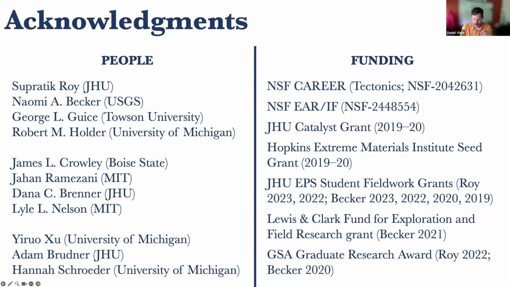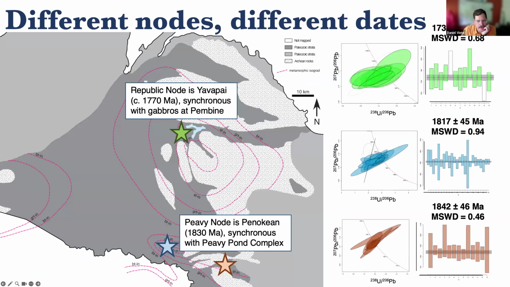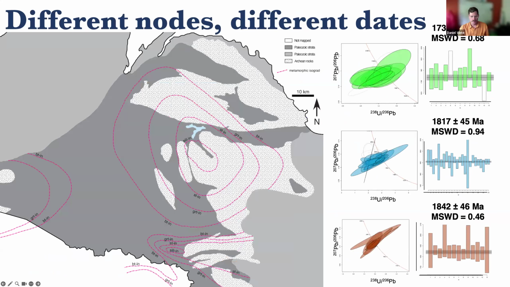Yeah, so I'll go back to the isograd pattern. I'll remove the stars. There are a couple of primary observations here. It's much larger scale, and of course the dip of the isograds will have some influence over that. With the PV node, it makes sense that it's a bullseye pattern.